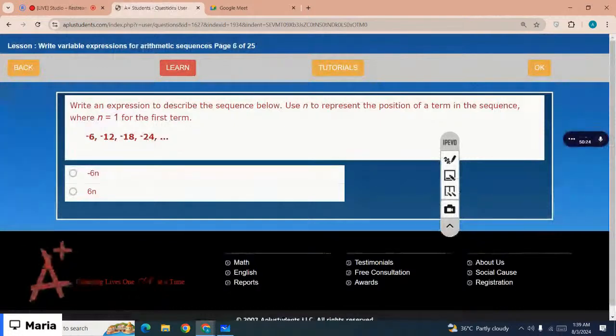Write an expression to describe the sequence below. So, which is the correct option?